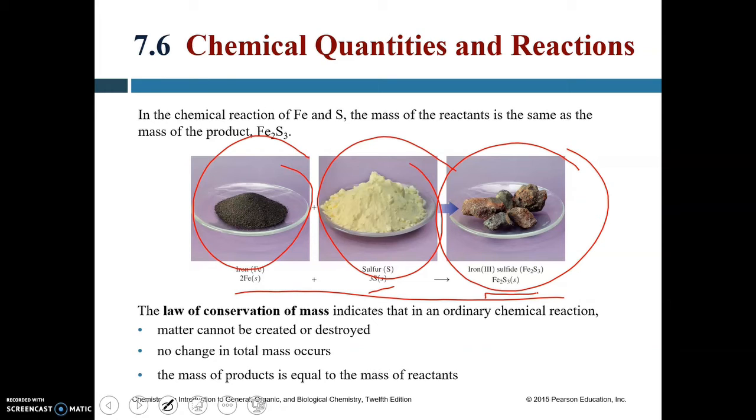Reactions are described by the law of conservation of mass, which indicates that in an ordinary chemical reaction, matter cannot be created or destroyed. There's no change in total mass.